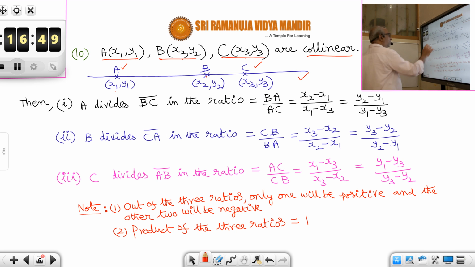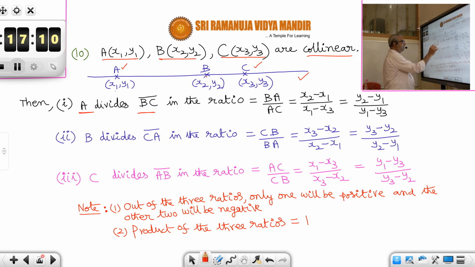Okay, suppose they are collinear points. Now I want to find the ratio in which A divides BC. See, this is very, very important. Please follow carefully, all of you. A divides the line segment BC in the ratio, how to get the ratio?